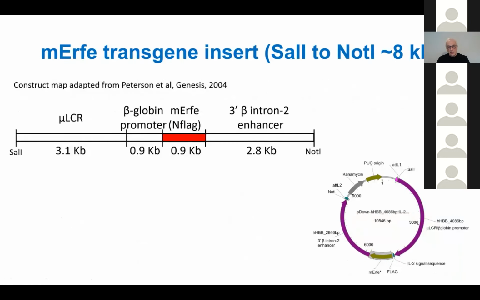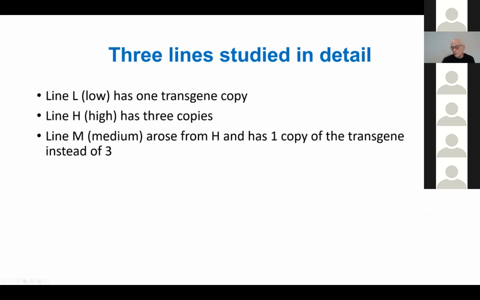And to do that, we used a globin promoter enhancer-driven plasmid, and we made transgenic mice that would overexpress murine erythroferrone, which is flagged with the FLAG tag so that we could tell the difference between endogenous and exogenous erythroferrone. And we made 3 lines of mice.